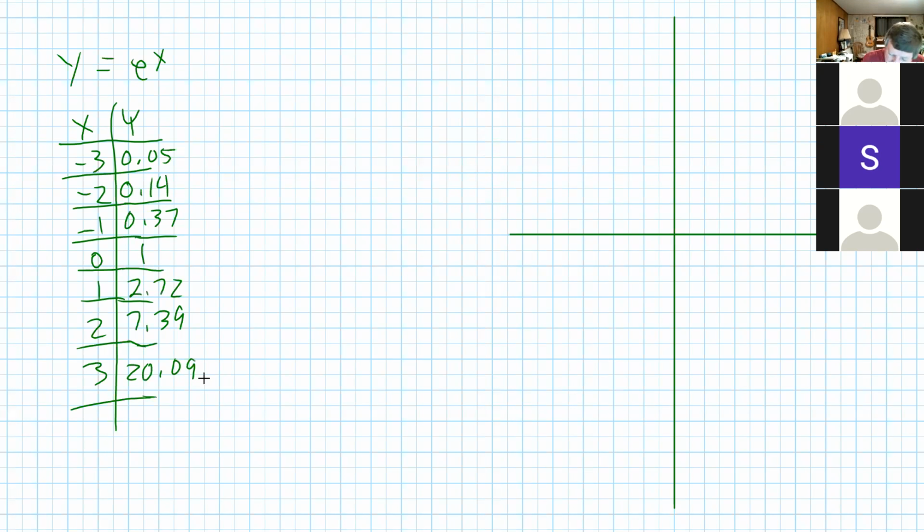Okay, so if we graph that, -3 is way down here. -2 is up a little higher. -1, we're a little bit more than a third, and then we're at 1. And when X is 1, Y is 2.7-ish. When X is 2, 7.39.